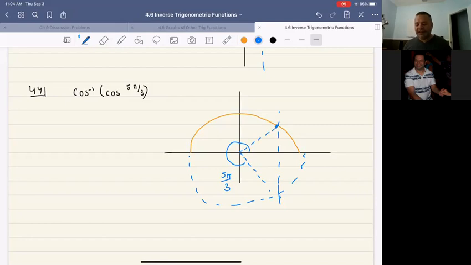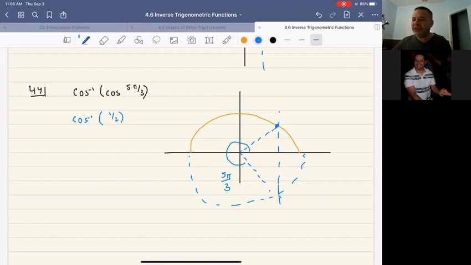Remember, cosine of 5 pi over 3 is 1/2. Okay, 1/2 is up here.